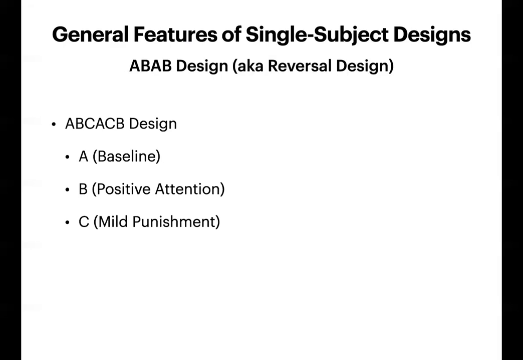For example, after establishing the phase A baseline, teachers give positive attention to students when they engage in studying in phase B, then switch to a different treatment where mild punishment is given when students are not studying in phase C. Afterward, the condition returns to baseline in phase A, then moves to phase C, where mild punishment is given to students when they are not studying.